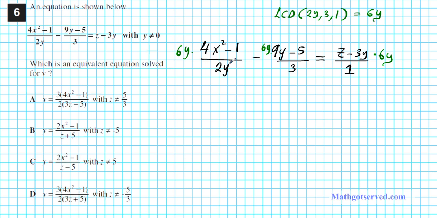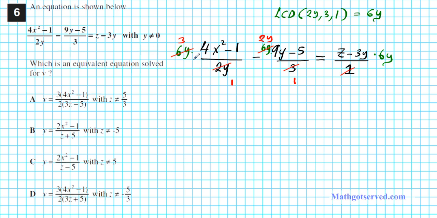So let's divide 2y here once. 2y goes into 6y 3 times. 3 goes here once. 3 goes into 6y 2y times. And then 1 just goes into 6y once. We can just drop this one. Okay? All right. Now let's simplify.